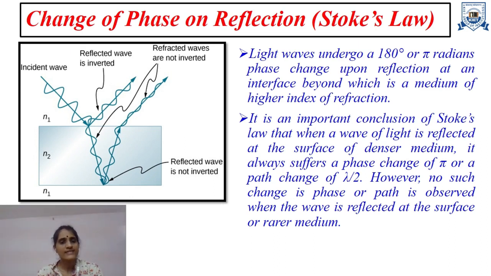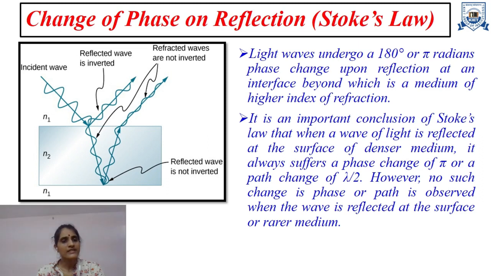So Stokes law states that when an incident wave is traveling from a rarer medium and strikes the surface of a denser medium, partially the wave is reflected and partially the wave is refracted.